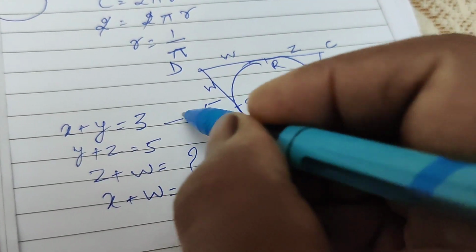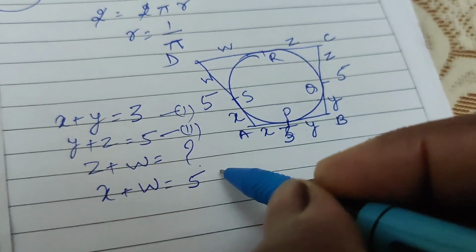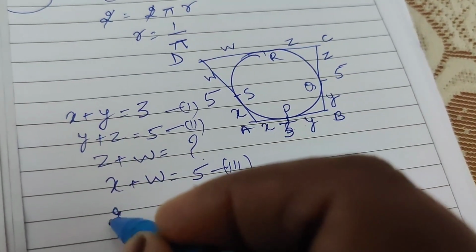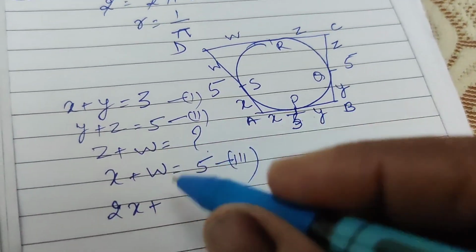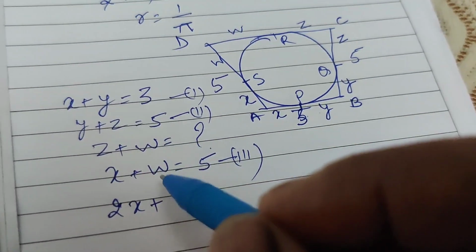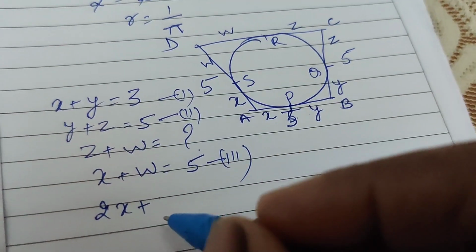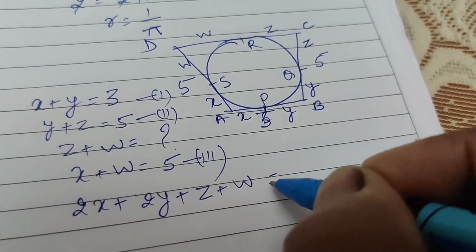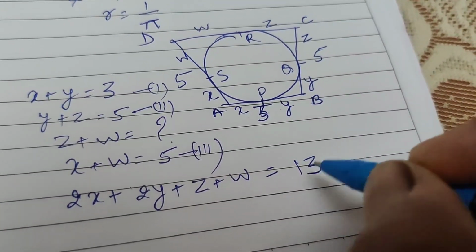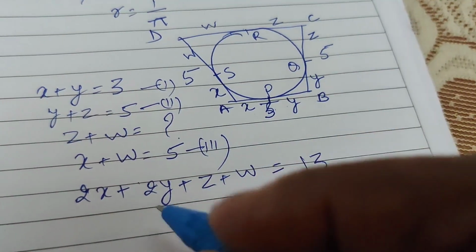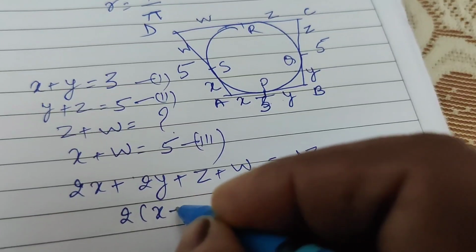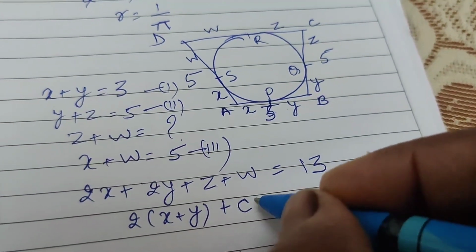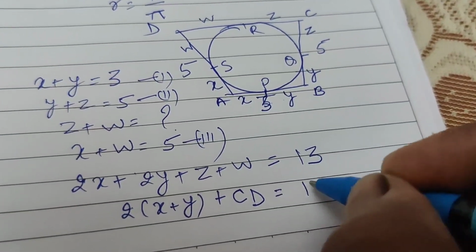Now add these three equations. Adding them, we get 2x plus 2y plus z plus w equals 13, since 5 plus 5 plus 3 is 13. So 2 times x plus y, and z plus w is CD, equals 13.